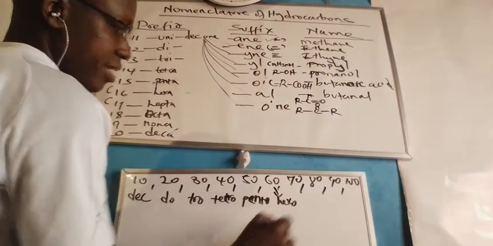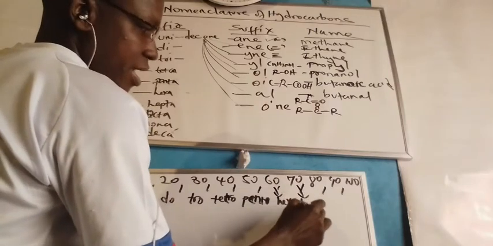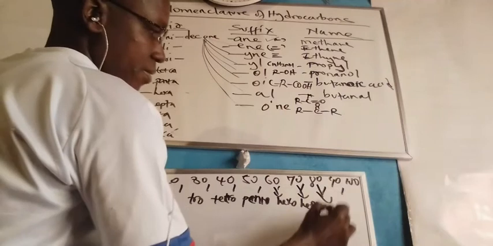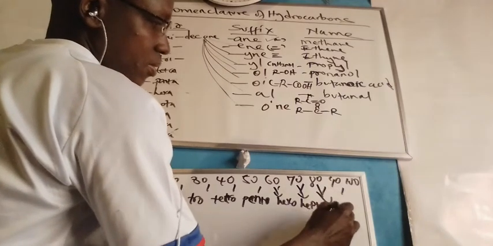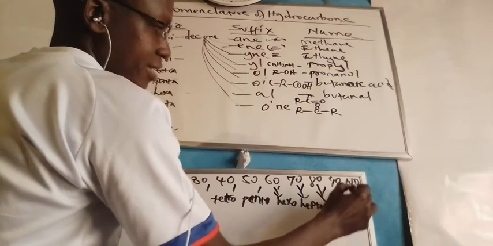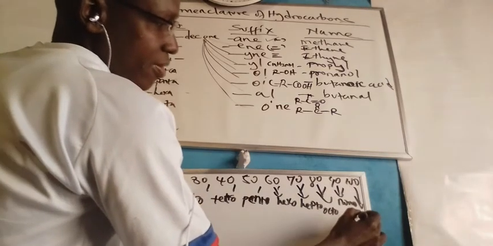hexo instead of hexa for 60. We will use hepto instead of hepta for 70. We will use octo for 80, nono for 90 instead of nona for 19, and we will use deco for 100.